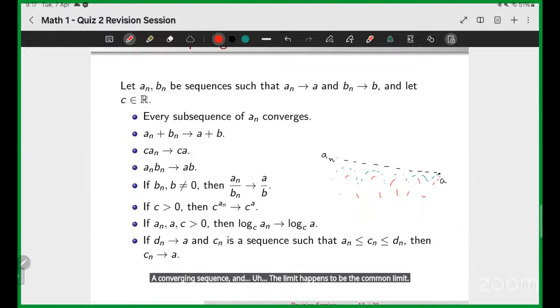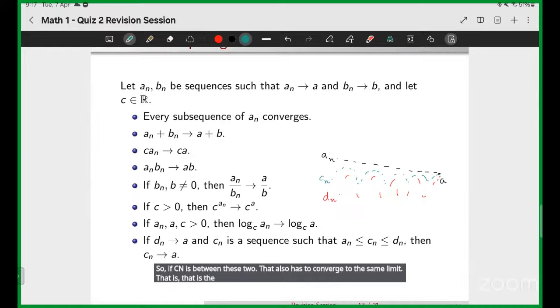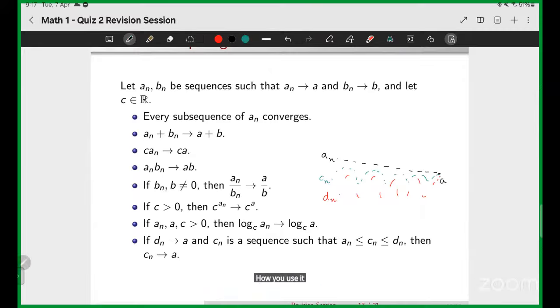So suppose this is a, and this is Tn. If Cn is between these two, that also has to converge to the same limit. That is the essence of the sandwich lemma. How you use it in problems, you have to solve problems and see.